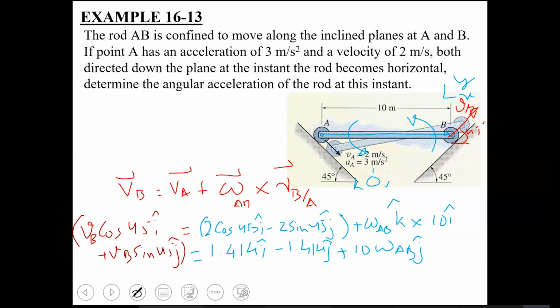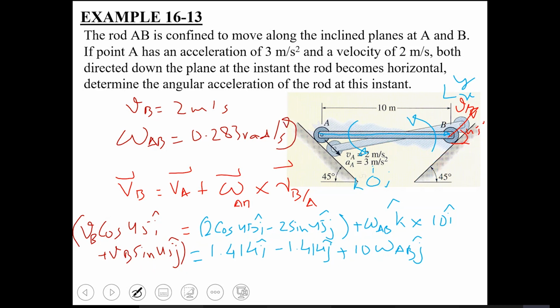So it is a vector equation, and you are going to compare the i and j coefficients on both sides of this equation. Once you compare these coefficients, VB comes out to be 2 meters per second, whereas omega AB, which is required for applying the relative acceleration equation, comes out to be 0.283 radians per second, a positive quantity.